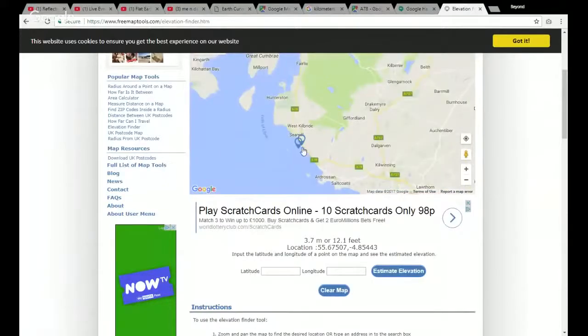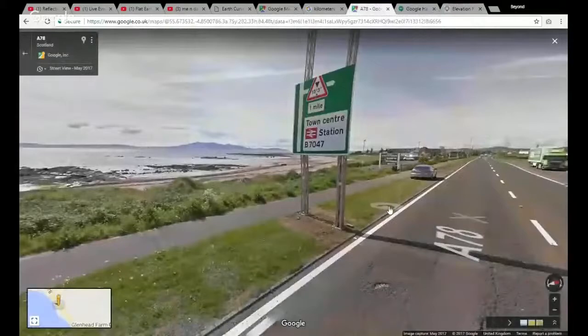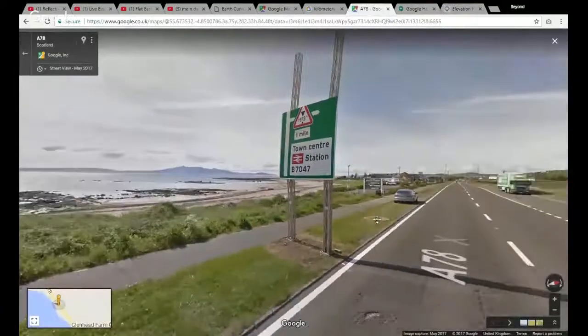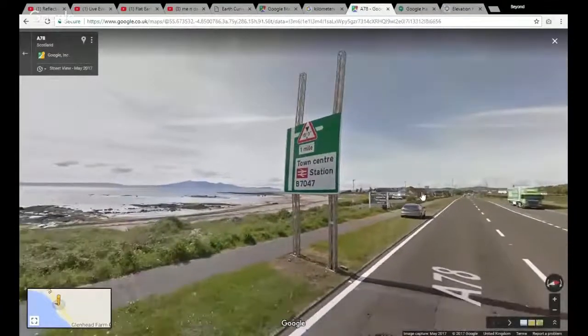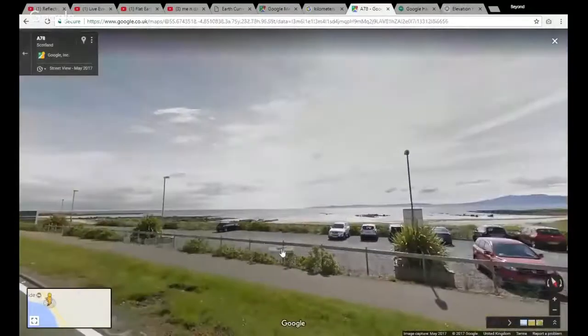Right, I'm going to have to identify how to pinpoint this point exactly so that I can get the exact height of where we were. So wait a wee minute. What are we seeing here? Right, if we're down here at the sea, there is no way it's 12 feet.